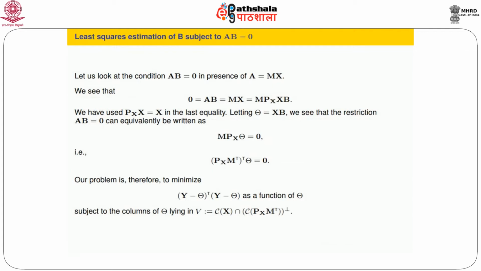One of the primary observations was that the column space of X played a very crucial role there. Basically, we were projecting each column of Y onto the column space of X. So what we have seen earlier, therefore, is that the projection matrix PX onto the column space of X played a crucial role in the process of minimization while obtaining the unrestricted least squares estimator of B.